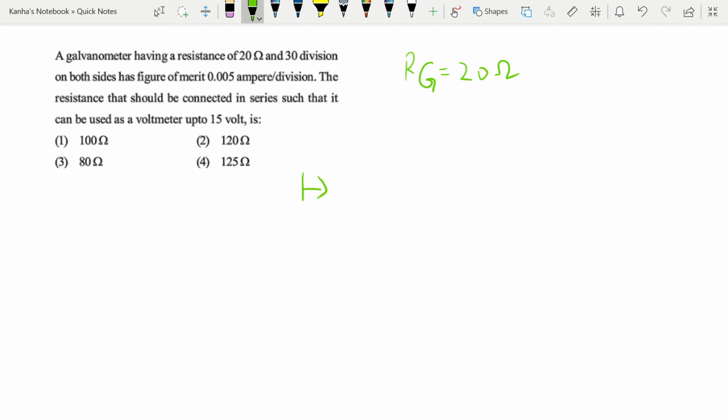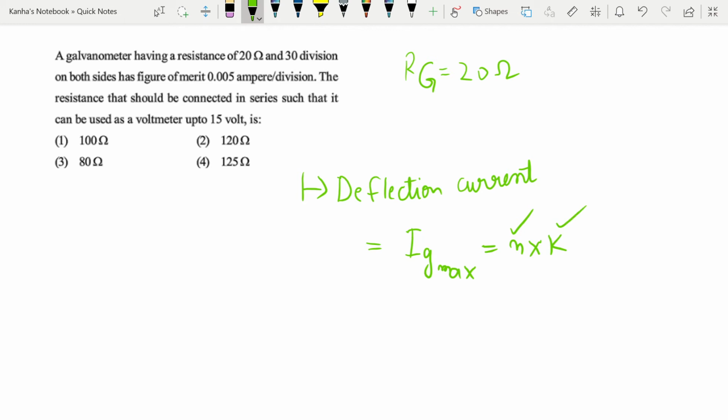Okay, so there are many things to note from this. First of all, what is the deflection current? The deflection current is basically equal to the maximum current flowing, Ig max, which is equal to N into K, where N is the number of divisions and K is the figure of merit.